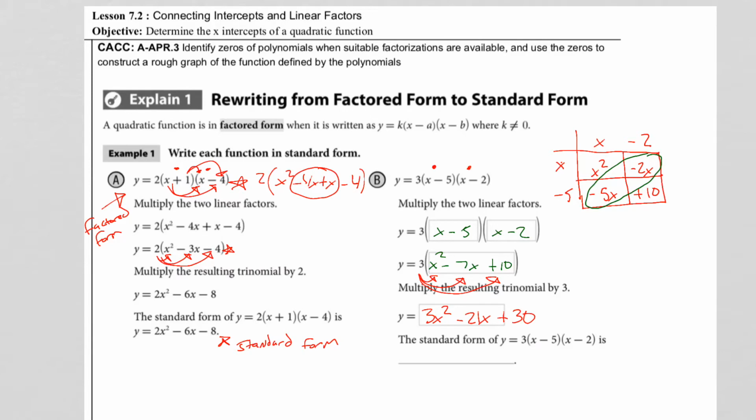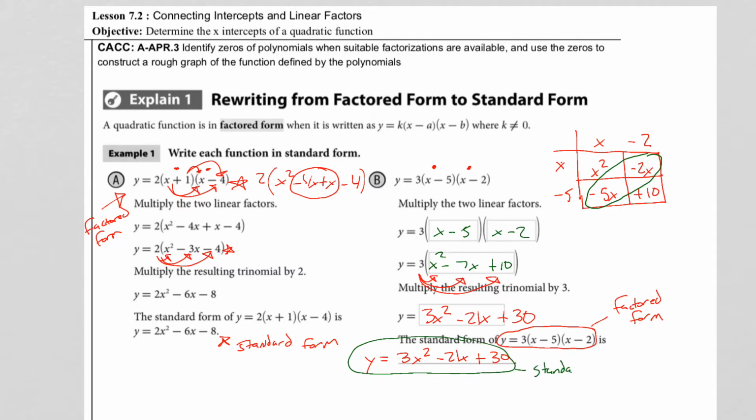So the standard form of this, remember this part here is factored, and standard form is going to be y equals 3x squared minus 21x plus 30. And this right here is standard form.